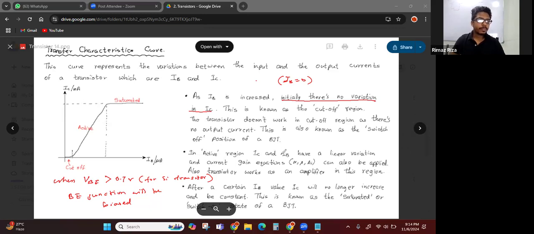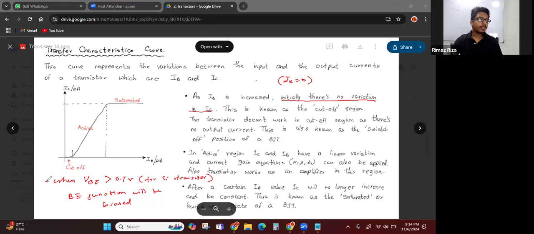Therefore, IC will vary linearly with IB.